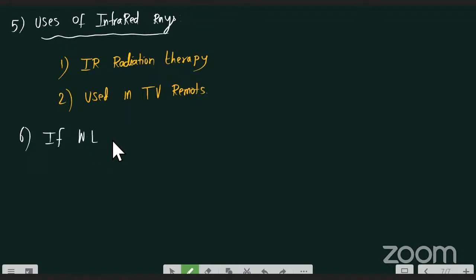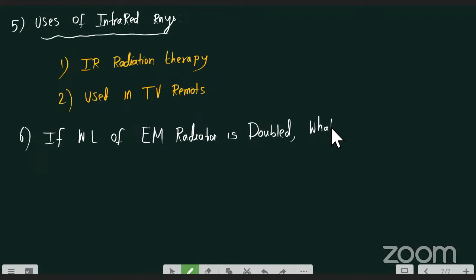If the wavelength of electromagnetic radiation is doubled, then what happens to the energy of a photon?